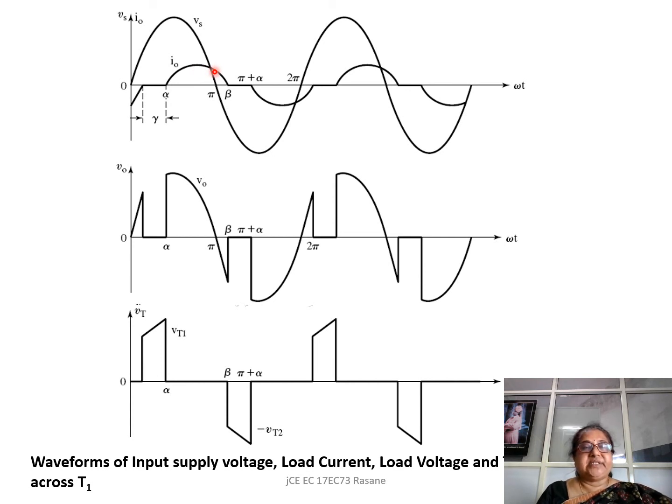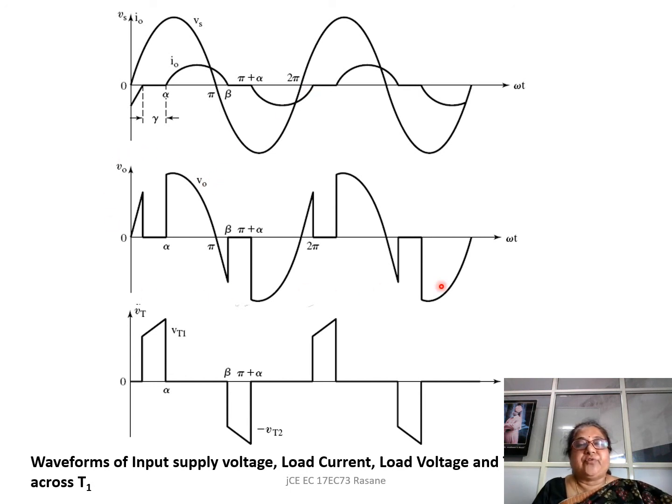Due to the inductive effect, the thyristor doesn't switch off at pi and continues to carry the current till beta, till the time the inductor is discharging all its energy. So T1 conducts from alpha to beta, whereas T2, which is forward biased in the negative half cycle, conducts from pi plus alpha to 2 pi plus beta. This need not be 2 pi plus beta, but the next beta, that would be the appropriate word.